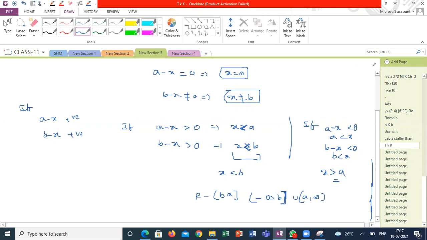Is that the right answer? No, B is in the denominator now. B can't be included, A can be included.